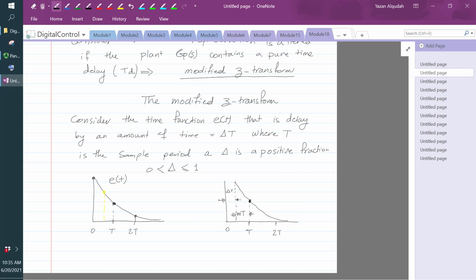Okay, so this signal is the same as this signal. We shifted this signal by delta T.